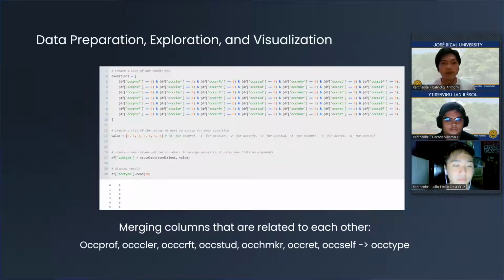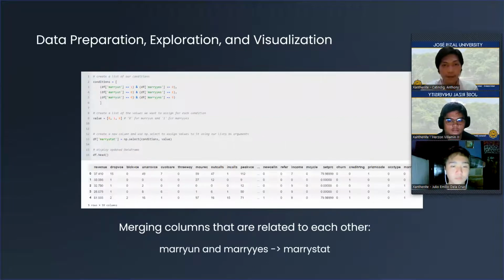We also merged the different occupation types: professional, clerical, craft, student, homemaker, retired, and self-employed. So 0 is professional, 1 is clerical, 2 is craft, 3 is student, 4 is homemaker, 5 is retired, and 6 is self-employed.